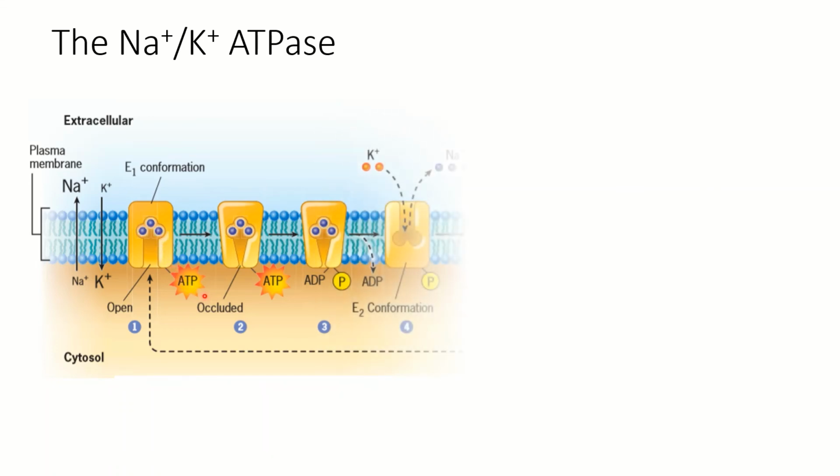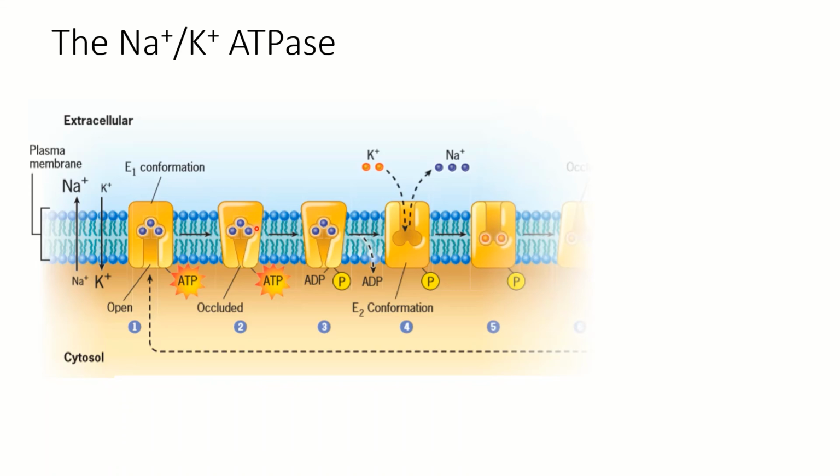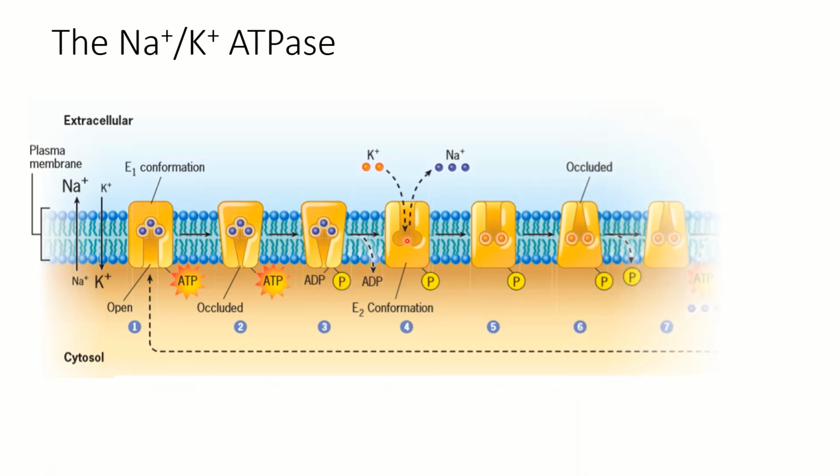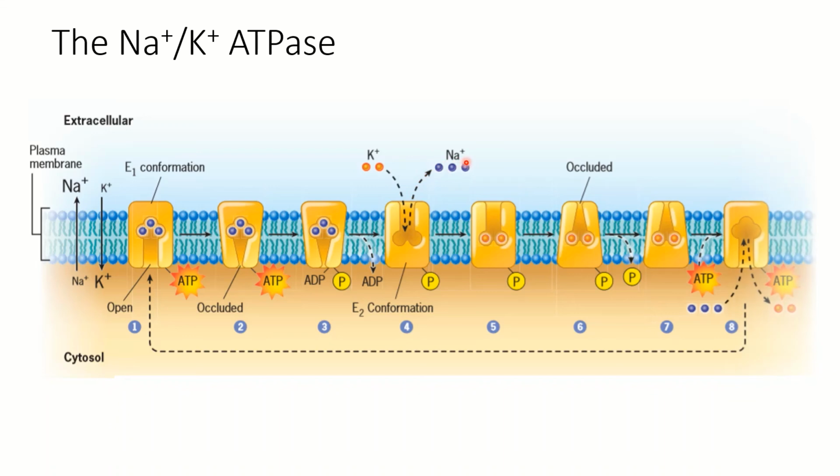So the attachment of ATP causes the channel to actually start closing with the sodium ions attached in it. And when ATP is hydrolyzed into ADP and P, the ATPase or the channel eventually opens to the outside, releasing the 3 sodium ions and thereby attracting 2 potassium ions in it.